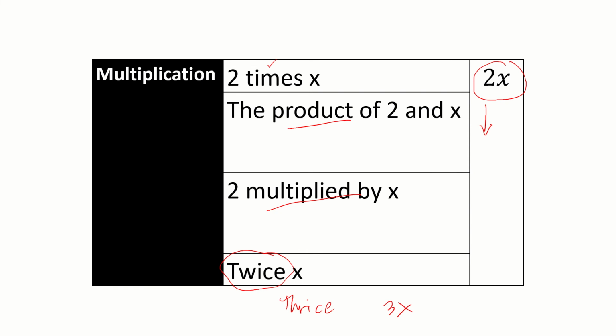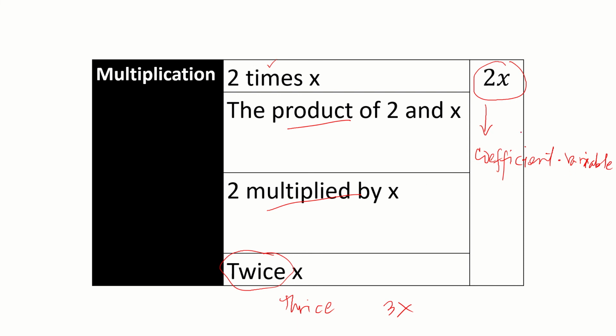So always remember the first one would always be the coefficient, and then what's next is the literal coefficient or the variable. So coefficient first, then variable afterwards.